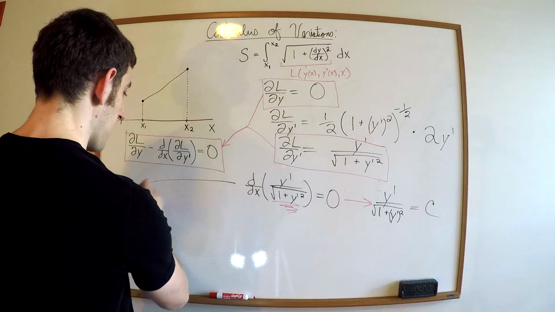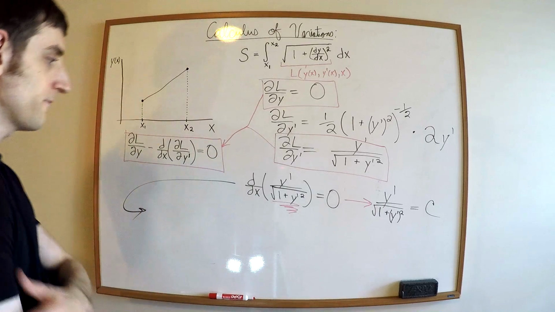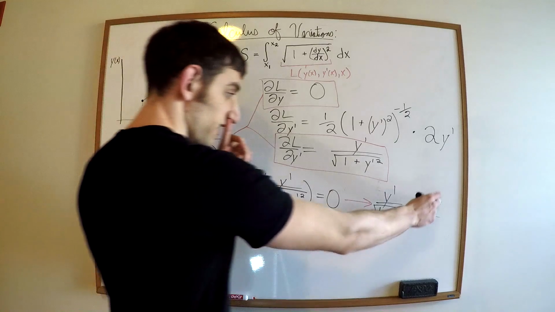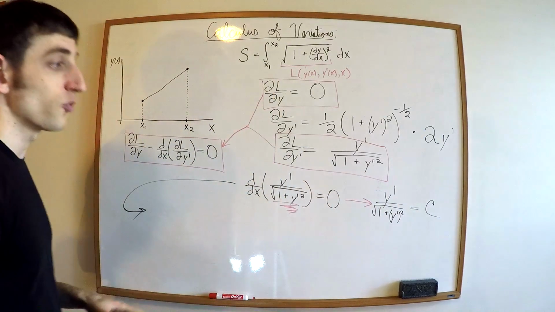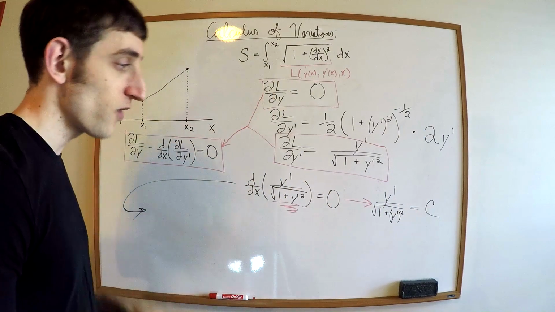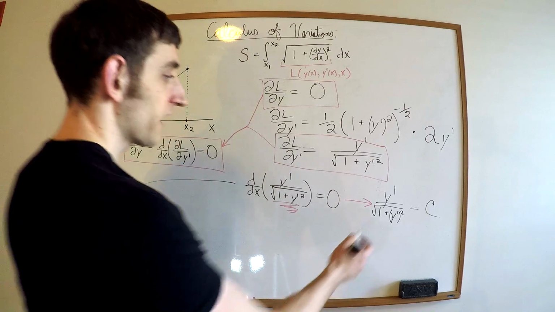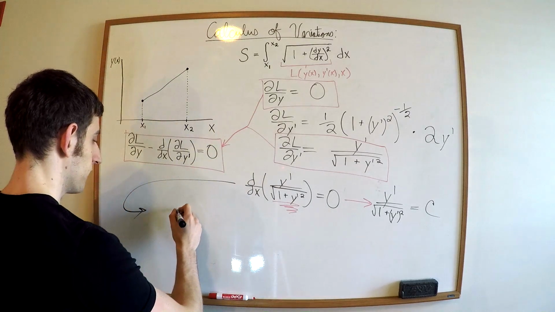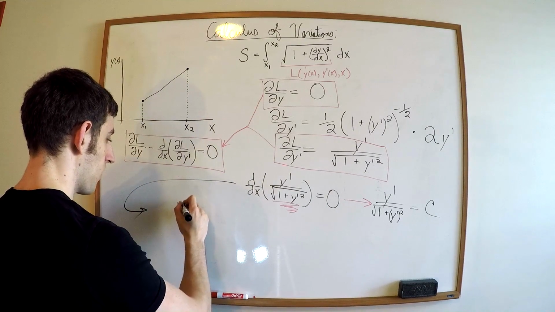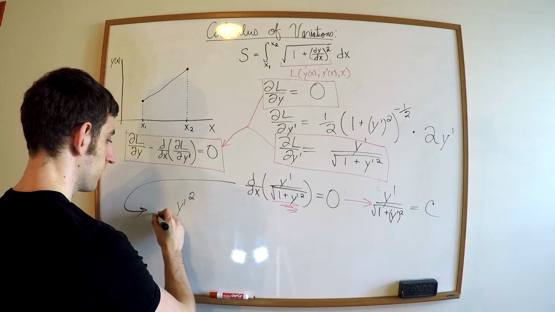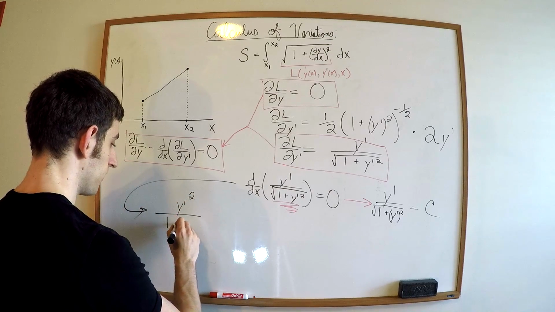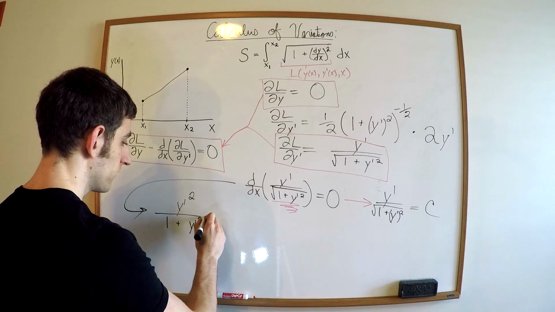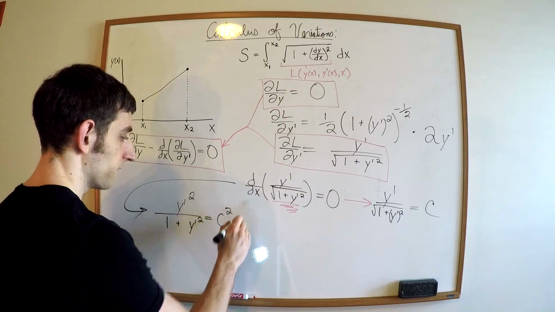So we're going to take this and first square it, because we want to get rid of the square root and group the y primes. So we end up with y prime squared over 1 plus y prime squared is equal to c squared.